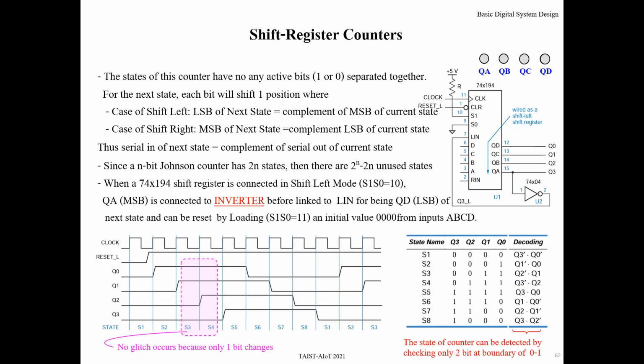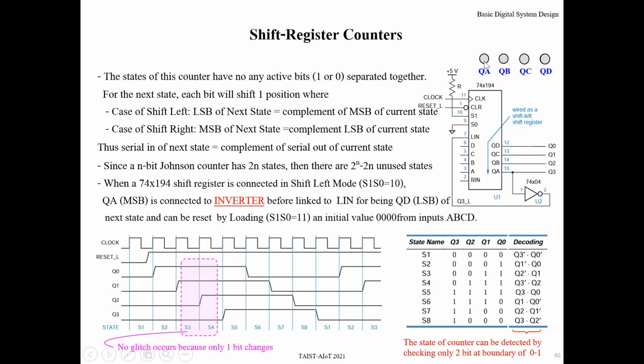Another application is the Johnson ring counter, or twist ring counter. The output is something like this.